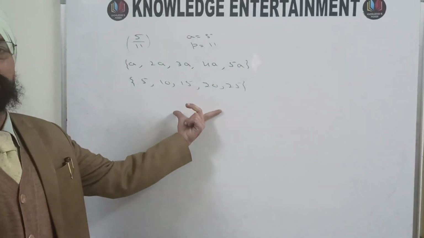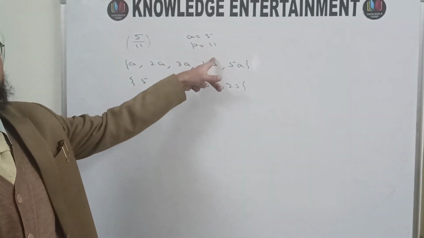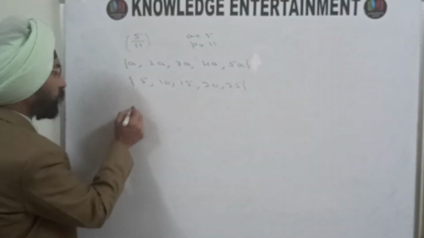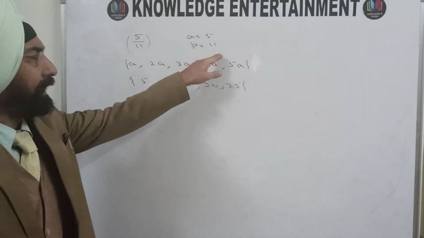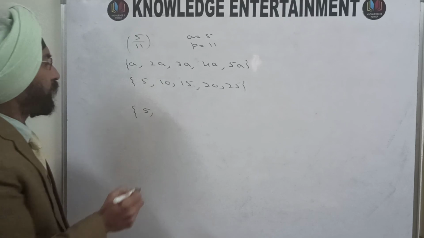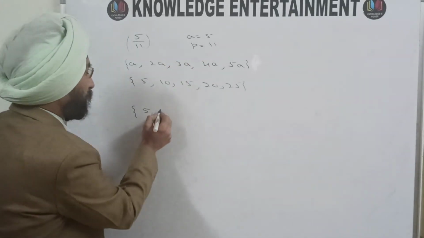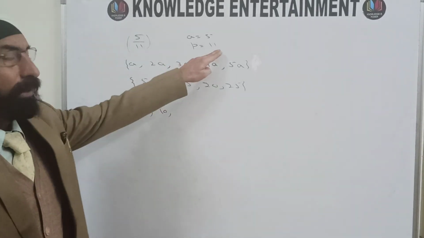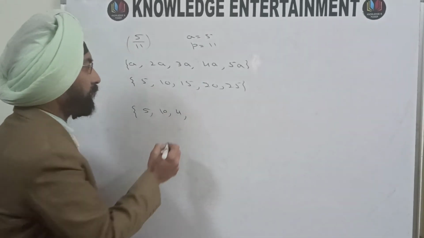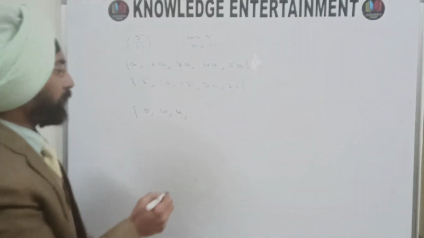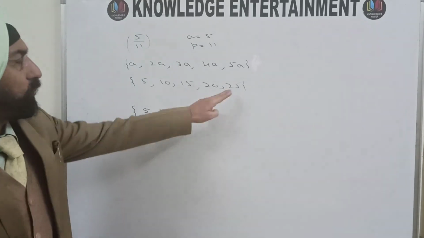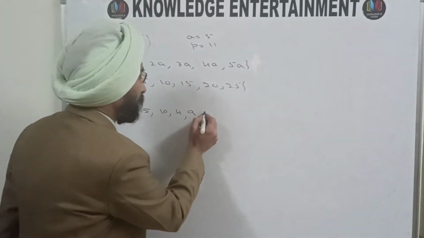Divide each of the numbers in this set by 11 and look at the remainder that you are going to obtain. If you divide 5 by 11, the remainder will be 5. If you divide 10 by 11, the remainder will be 10. If you divide 15 by 11, the remainder will be 4. If you divide 20 by 11, the remainder obtained will be 9. And if you divide 25 by 11, the remainder obtained will be 3.